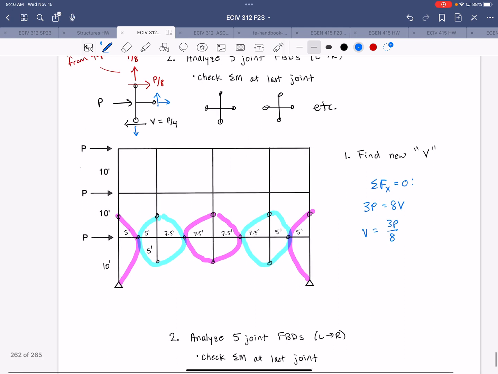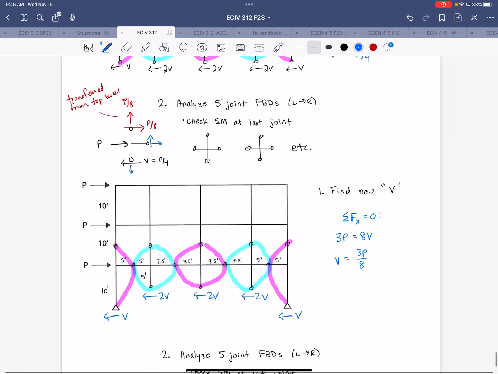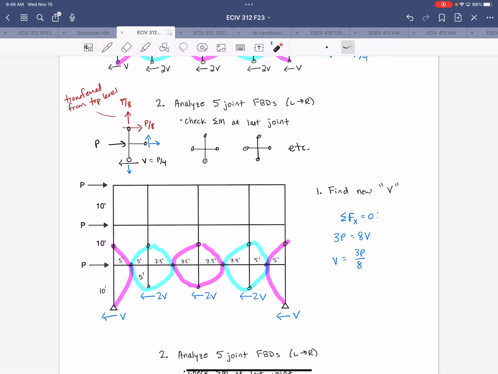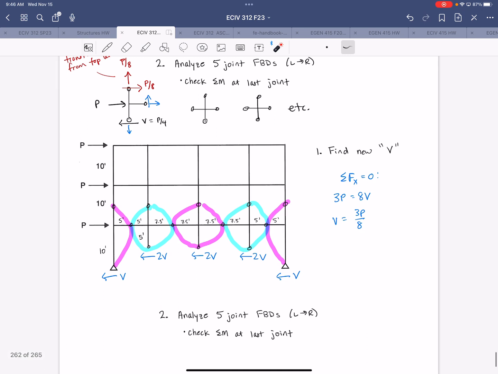All right, and that would be distributed here, where we would have 2V at the interior columns and 1V at the exterior columns. And I think, yeah, I already had that written above. And then go through that last level the same way, right? Analyze the 5 joints left to right, and then check the sum of moments at that last joint.